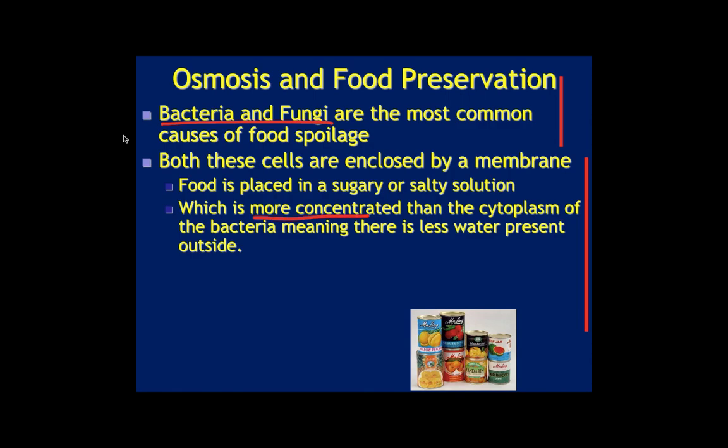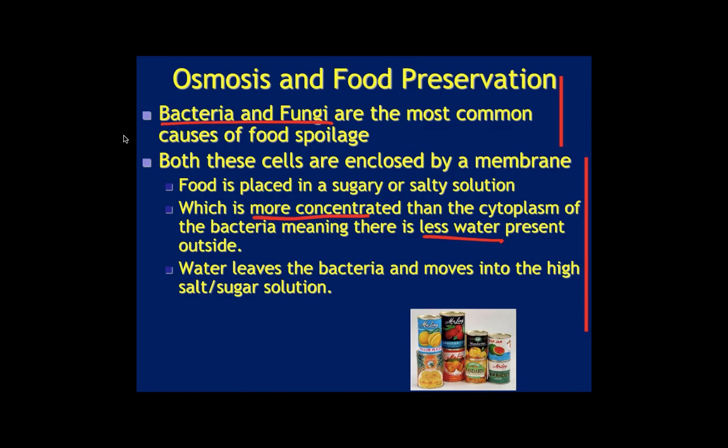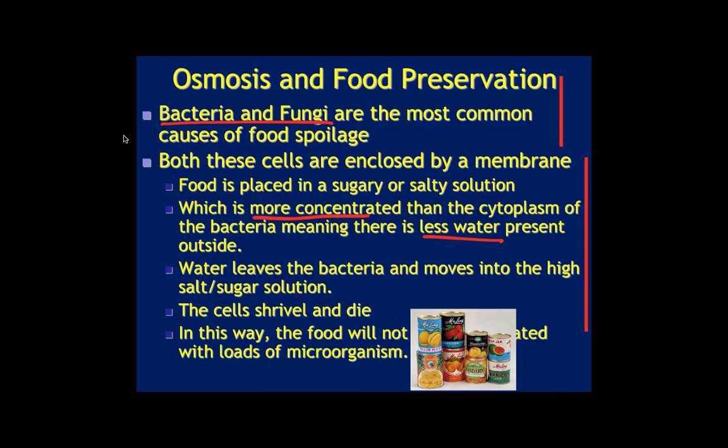So more concentrated, less water. And water will leave your bacteria and move into the high sugar or the high salt. Our poor bacterial cells will shrivel and die. And this is the way that food will not be contaminated with loads of microorganisms. So this is your explanation.